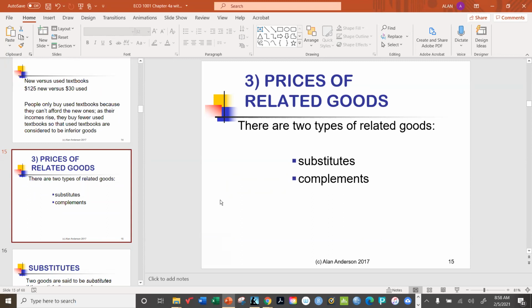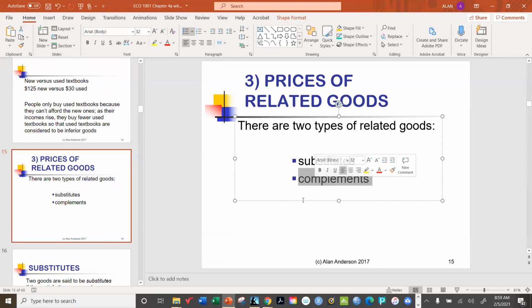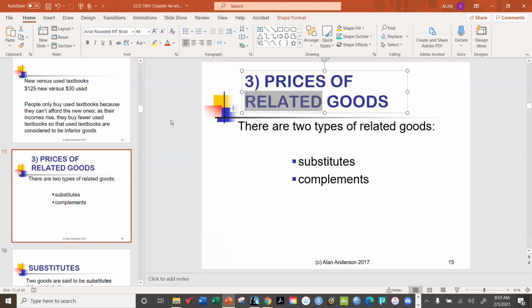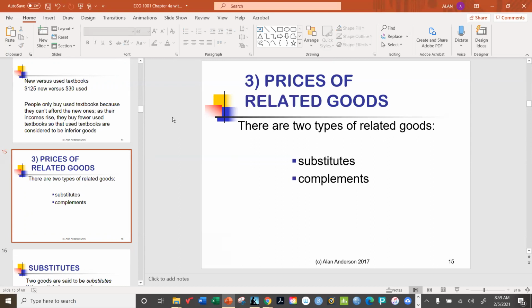So we're thinking now that there are two basic ways in which goods can be related to each other. They can be what we call substitutes, and they can be complements. Okay, and that's only for related goods. A lot of goods are unrelated to each other, but goods that are similar, like for example, Coke and Pepsi, you could think of them as related goods because they're both sodas, and they're both colas.